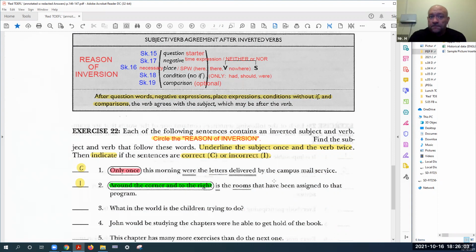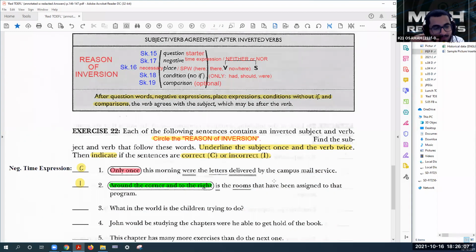That was skill number 17, negative time expression. All right, now number 2, skill 16.